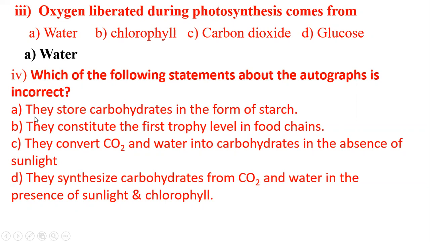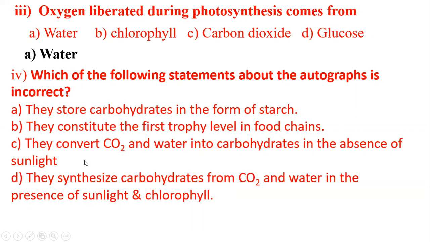First statement, option A: they store carbohydrates in the form of starch. Of course, correct. B: they constitute the first trophic level in food chains. Of course, all plants are in the first trophic level. Next, C: they convert carbon dioxide and water into carbohydrates in absence of sunlight.